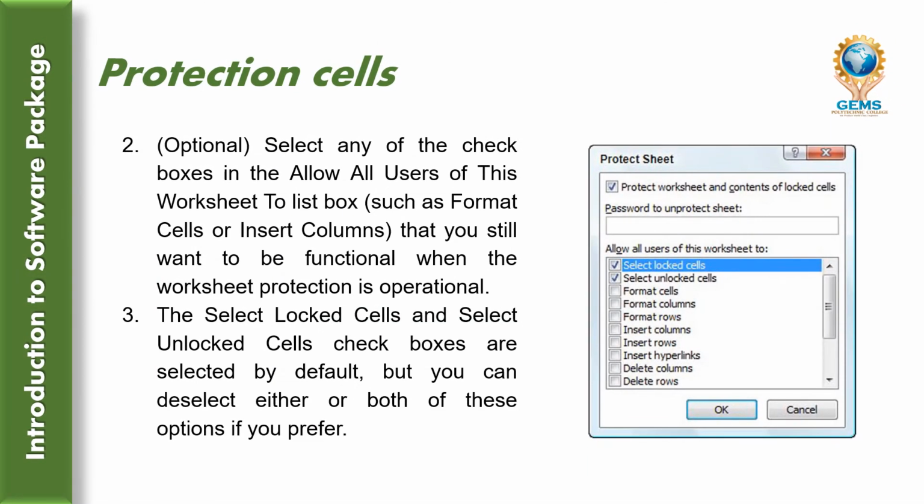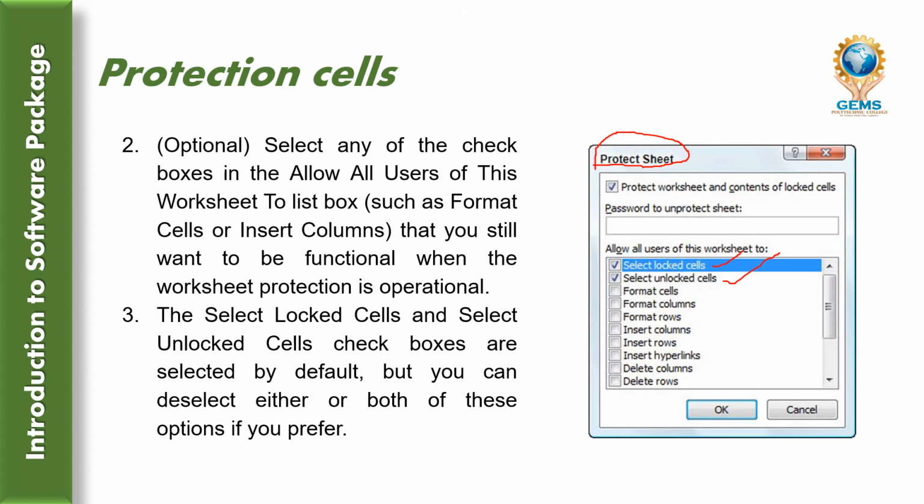Here the Protect Sheet dialog box is displayed. From this dialog box you can select locked cells and enable it, select unlocked cells and enable it. Select any of the check boxes in the Allow all users of this worksheet to list box that you still want to be functional when worksheet protection is on.